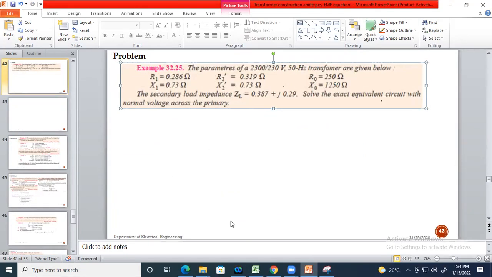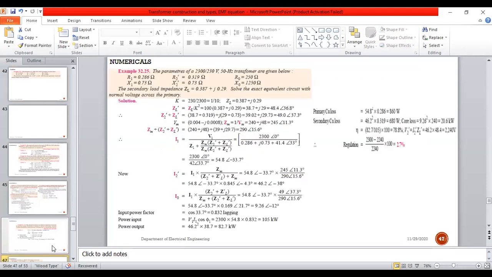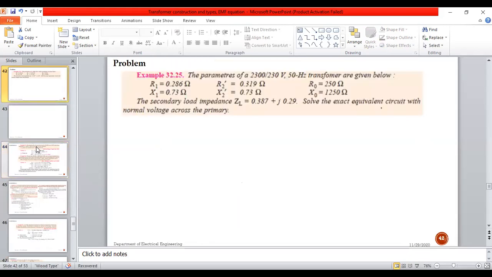The parameters of a 2300 volt by 230 volt, 50 hertz transformer are given below.